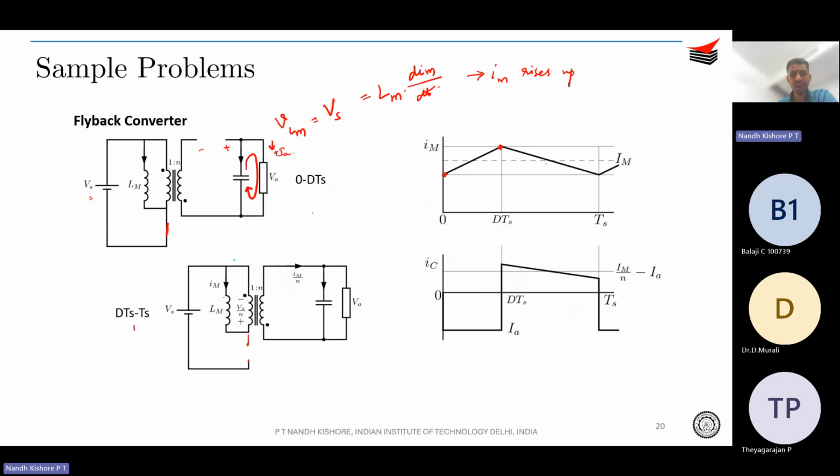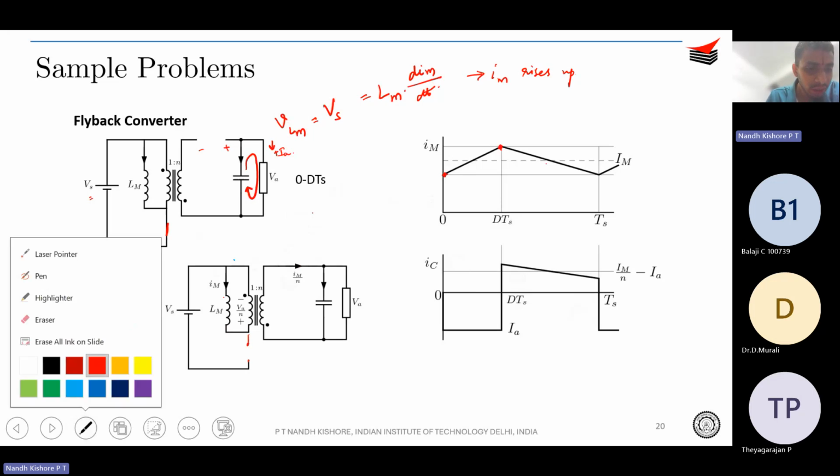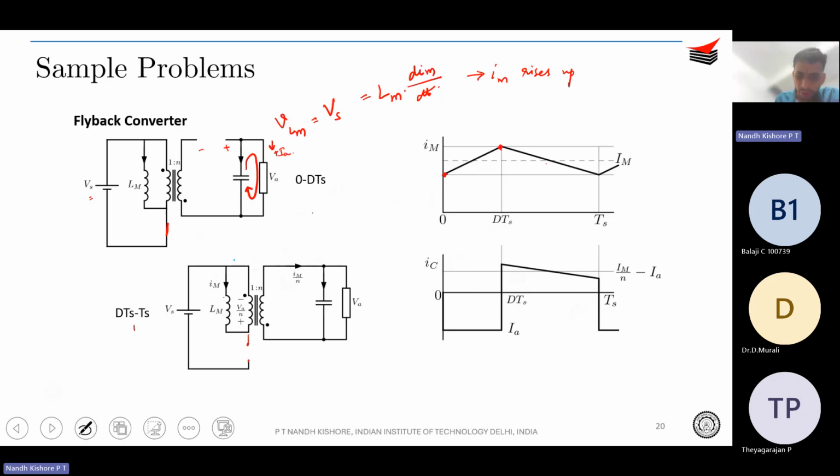Obviously, the inductor current cannot go to zero abruptly. It cannot jump to zero. So what would happen is that the inductor is now going to freewheel. And what is the path for freewheeling? The inductor would freewheel something like this, through the primary side winding itself.